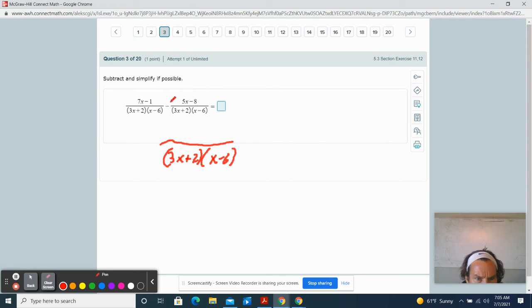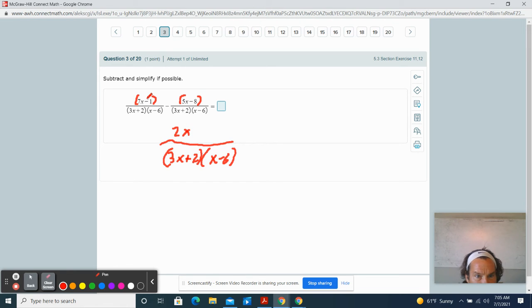the numerators. In this case, we have to be careful because we don't see parentheses. I'm going to put these in parentheses, because that minus right there is going to affect the 5x, and it's also going to affect this negative 8. So 7x minus 5x is 2x.